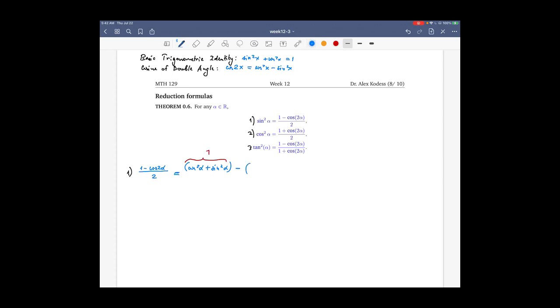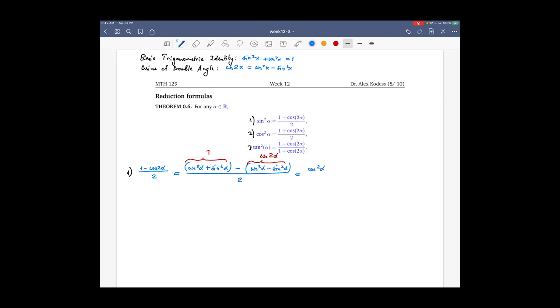And replace cosine of 2 alpha by cosine squared alpha minus sine squared alpha. Distribute the minus.